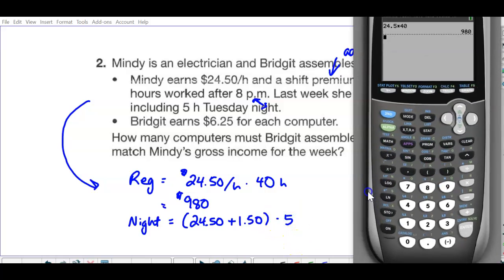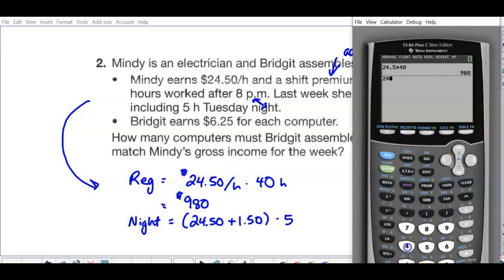I'm going to do that first in my calculator. 24.5 plus 1.5, you can probably do it in your head, that's 26, and then I'm going to multiply by 6. Separate line. If you have a graphing calculator like mine, you can do it all in one if you use brackets. The brackets are just above 8 and 9. So then times 5.